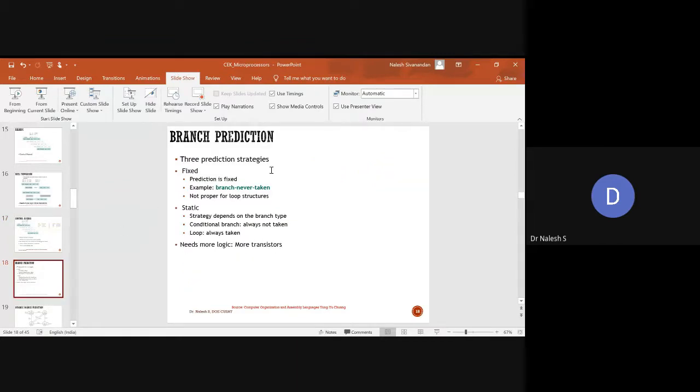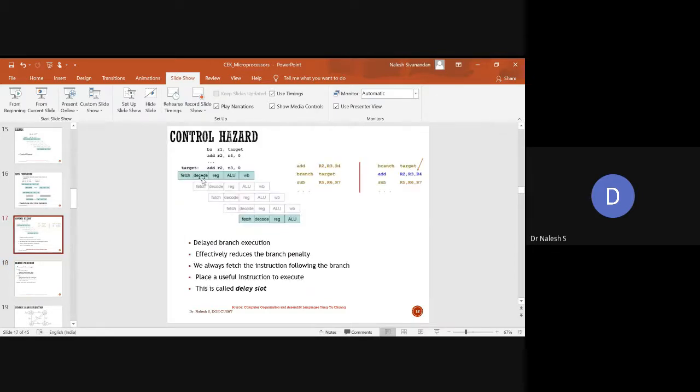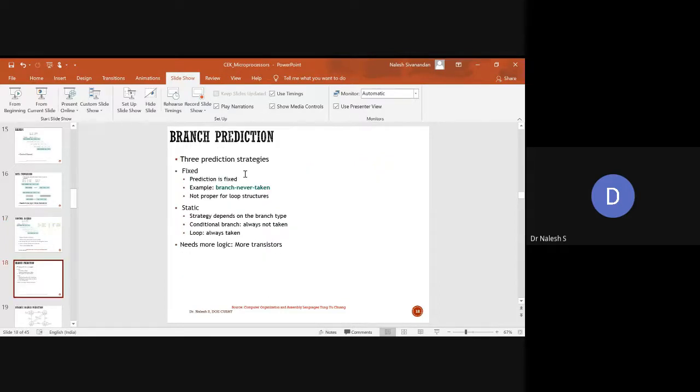There are different prediction strategies. Fixed prediction, for example, you always take the never-taken branch. Like I mentioned, you always take the next instruction. If the next instruction is the right one, it continues. But if your prediction is wrong, you have a problem. For example, consider loops.